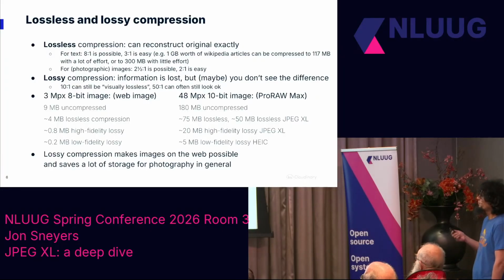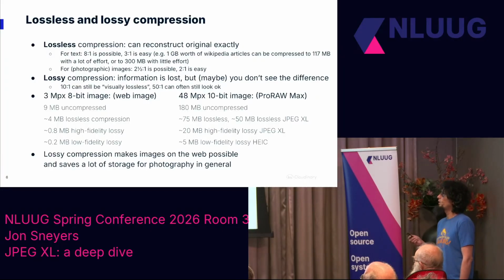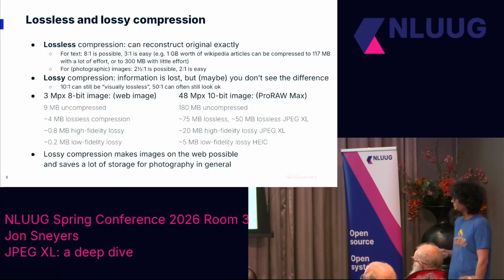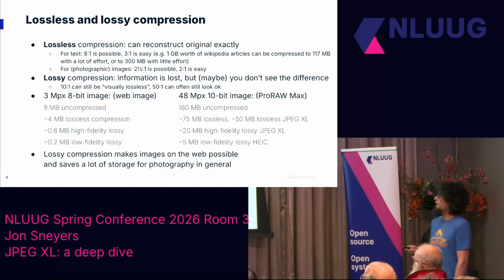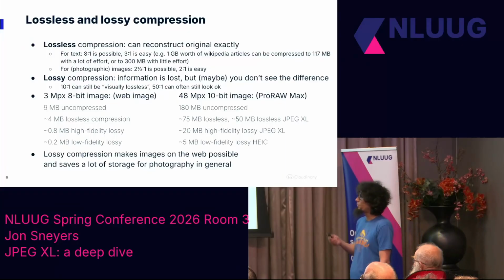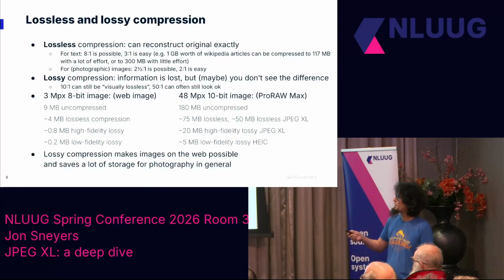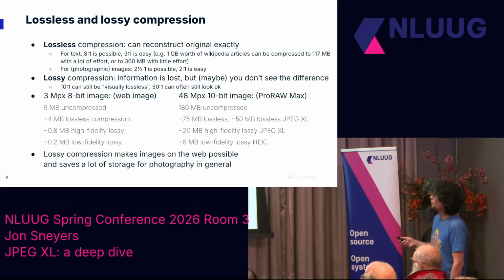With lossy compression, the compression ratio that we can get is much better, like a factor of 10, even 50. So for a typical image on the web, uncompressed, it could be like 9 megabytes, which is quite a lot. But with lossy compression, you can bring it down to a few hundred kilobytes.